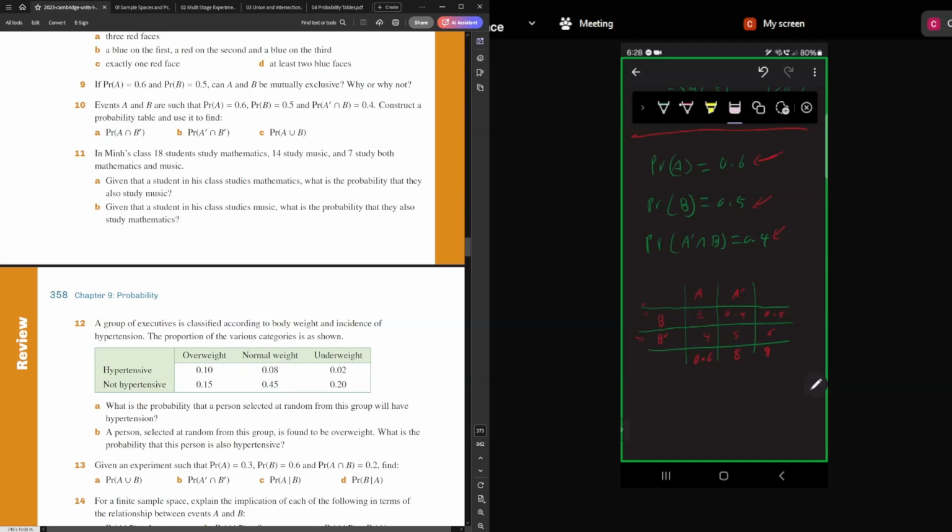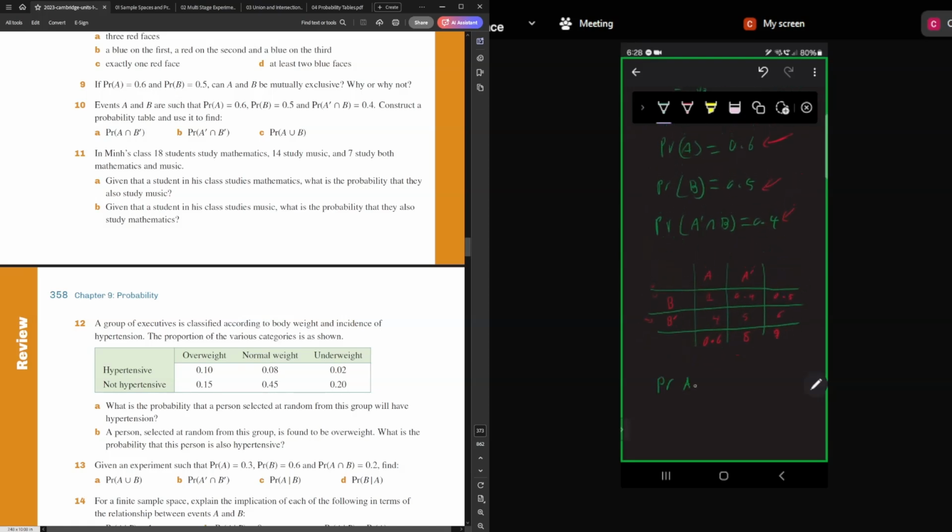The question that we actually had to solve was A intersection B dash. So where is the probability of A intersection B dash? How can we solve that? Or at least starting, what spot is that on the table?